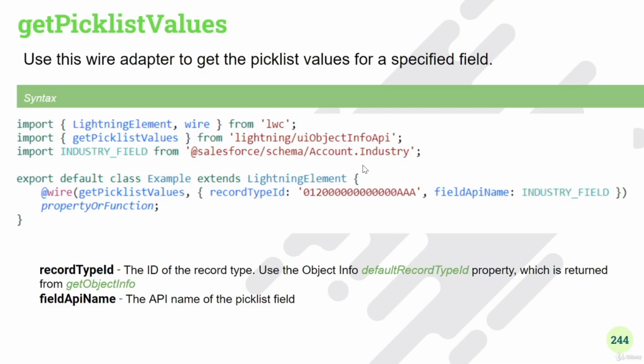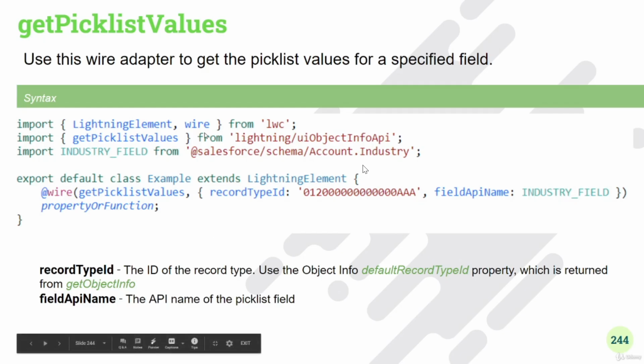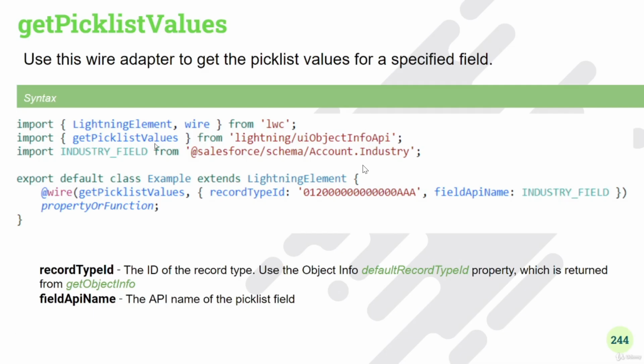Let's look at the syntax. The syntax is very similar to our previous wire adapters. We import wire from the LWC module. Then we import getPicklistValues, that is our wire adapter, from lightning/uiObjectInfoApi. And then we call the wire and pass the wire adapter name. Here the wire adapter configuration is the record type ID.